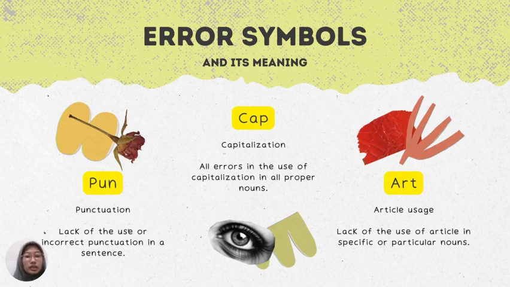The definition is lack of the use or incorrect punctuation in a sentence. The second is cap, which is capitalization: all errors in the use of capitalization in all proper nouns. Third is art, or article usage, the lack of the use of articles in specific or particular nouns.